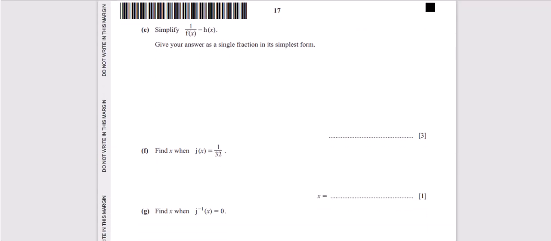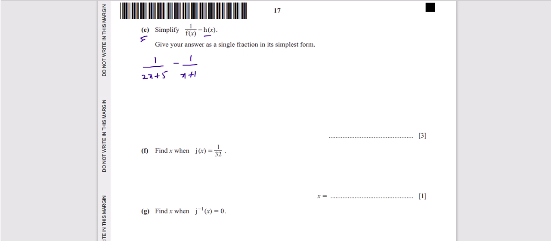Part E. Simplify f of x minus h of x. What is the function f of x? The function f of x is 2x plus 5, minus, what is the function h of x? 1 over x plus 1.